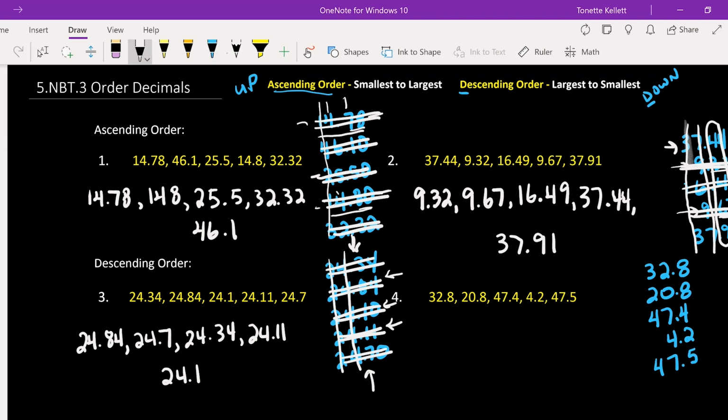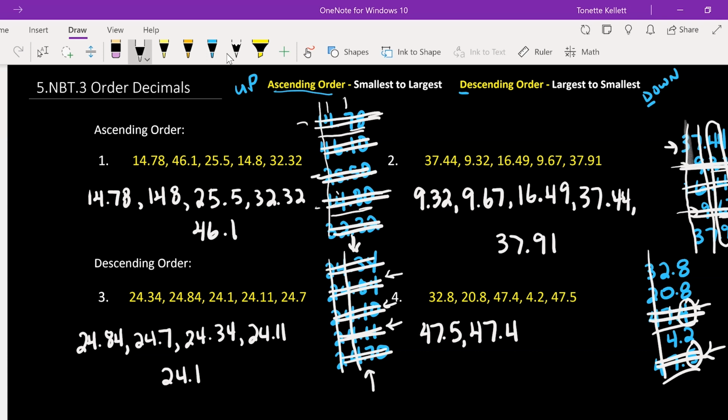Okay. I want the largest. So we have 2 in the 40s. We have 47, 47, and 4 and 5. So 47 and 5/10, 47 and 4/10.